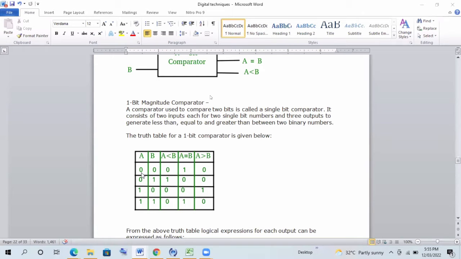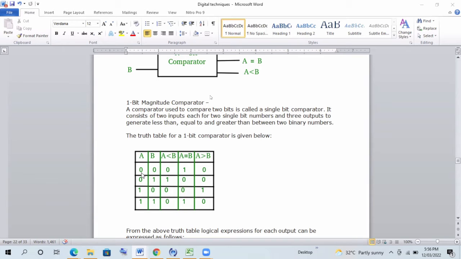So when A is 0 and B is 0, what is happening? The A equal to B output is high, and A less than B and A greater than B output is 0, 0. Okay. When A is 0 and B is 1, A is less than B. So A less than B output is 1, and A equal to B and A greater than B output is 0.